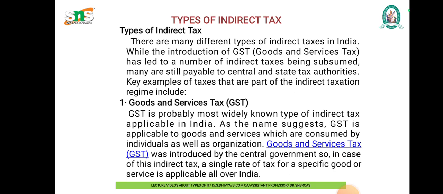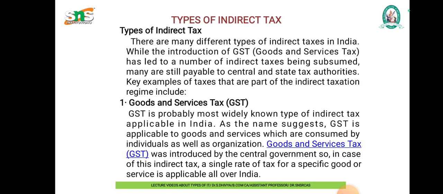The type of indirect tax is GST. Before GST came in, there were many earlier regimes of indirect taxes, such as VAT, excise duty, and so on. GST is probably the most widely known type of indirect tax applicable in India.